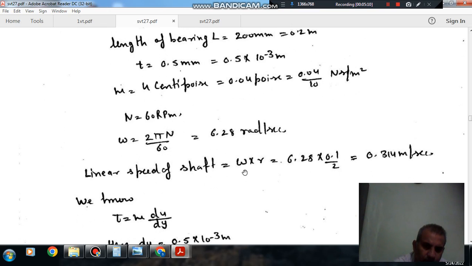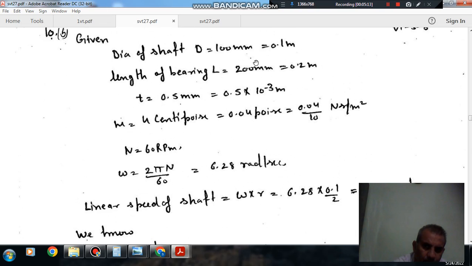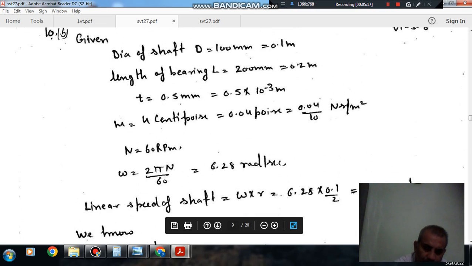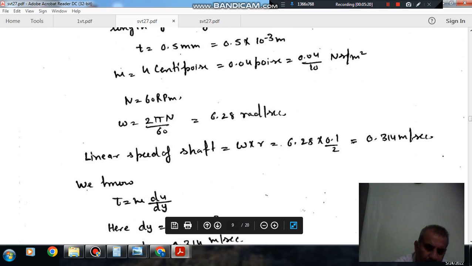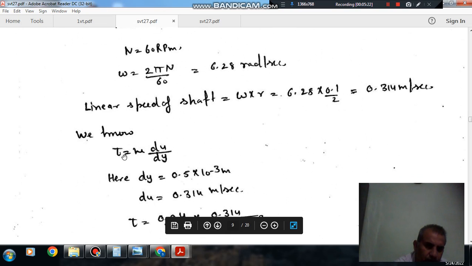So the linear speed of the shaft is omega into r. Omega is 6.28, r is 1 by 2 of the diameter, that is 0.05, giving 0.314 meter per second. And Newton's law is tau is equal to mu du by dy.